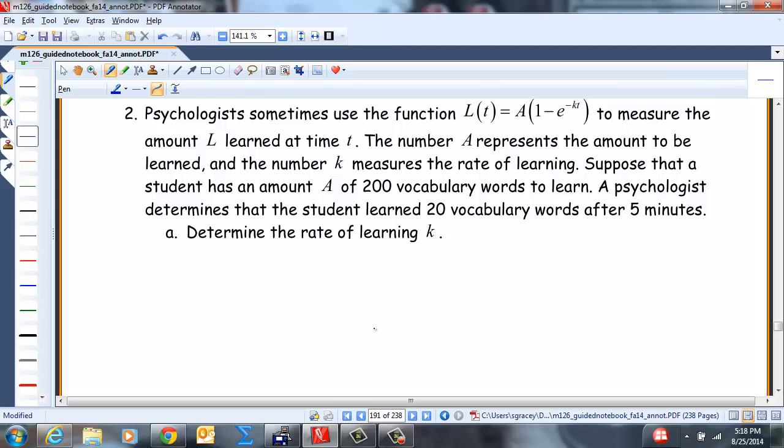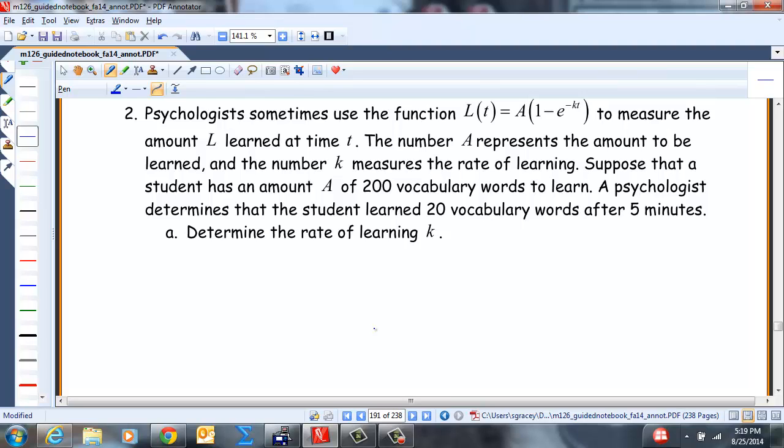So the number a represents the amount that you need to learn, and the number k measures the rate of learning. So if we let a equal 200, a student has 200 vocabulary words they have to learn.